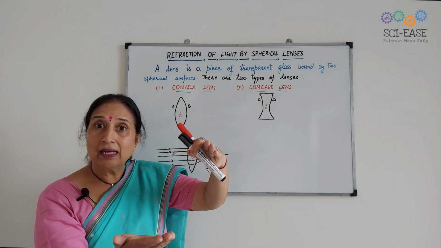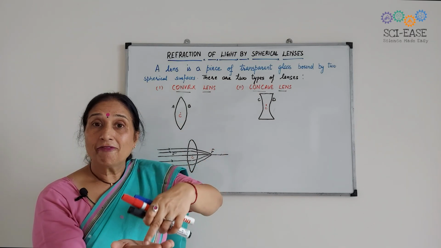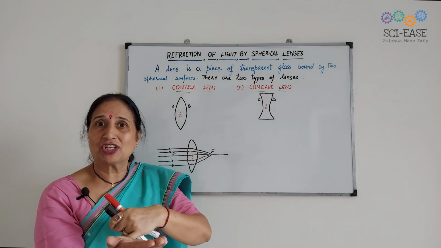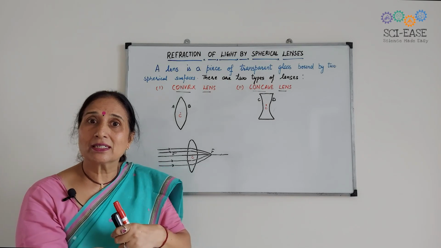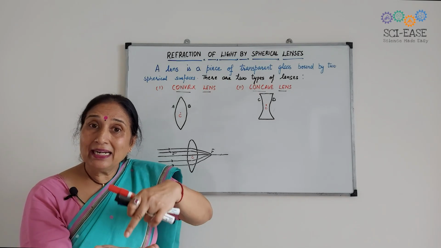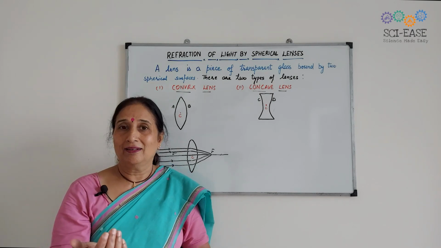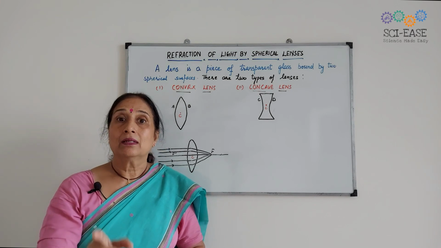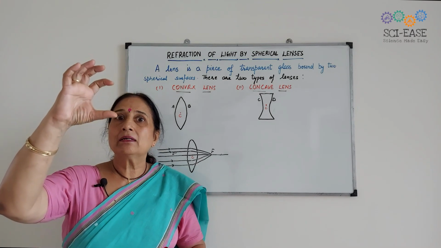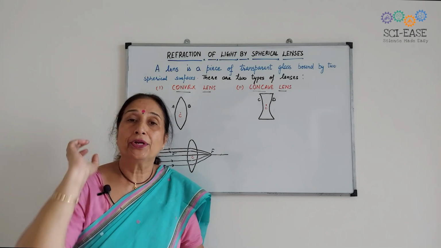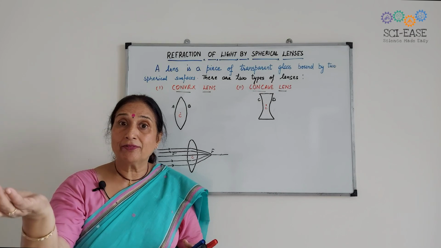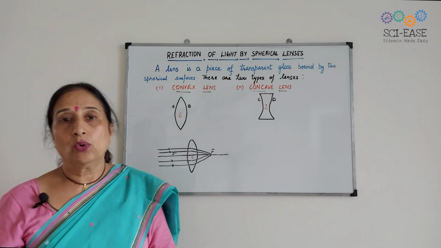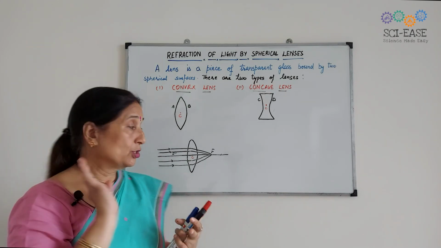What you will see is that the point of principal focus, where the rays meet and form the image, will be burnt. It will form a hole in the paper. So that's why don't look at the sun through a convex lens. The convex lens will make the rays converge and they will damage your eyes. This should be clear to all of you.